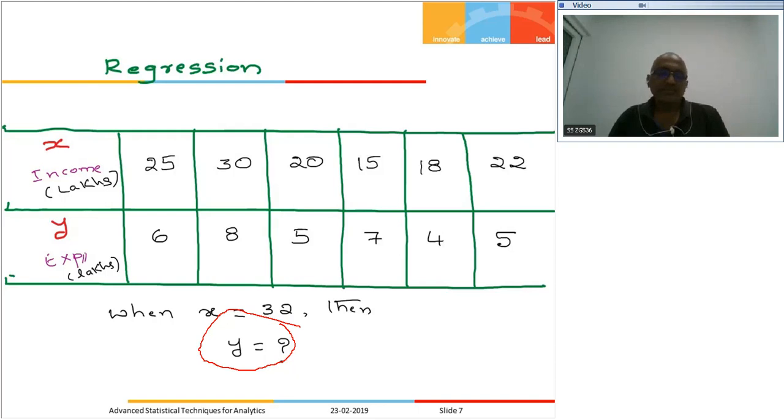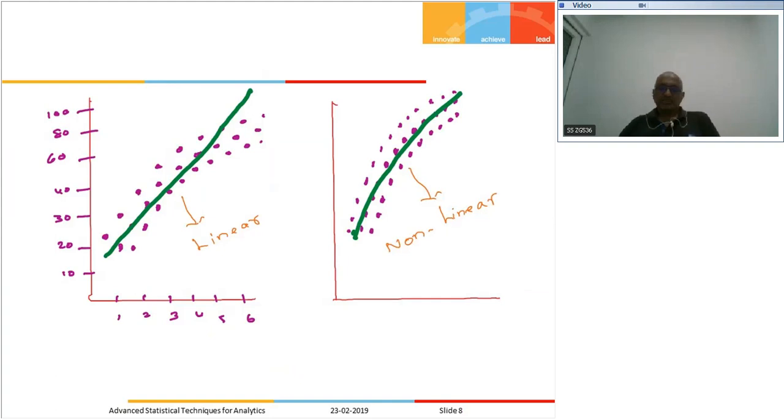Now how to do this? Suppose I took the data and used a scatter plot. Scatter plot is the technique which I used. Assume both are the same, all the points I plotted.